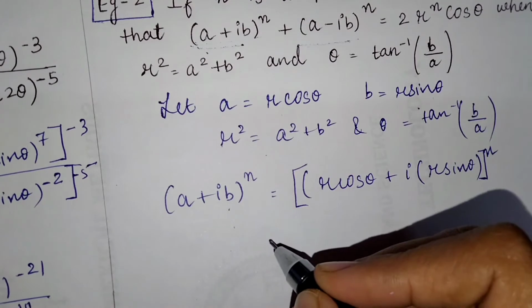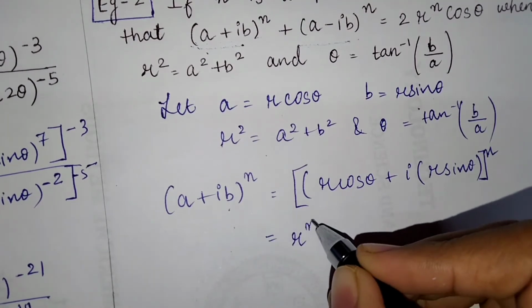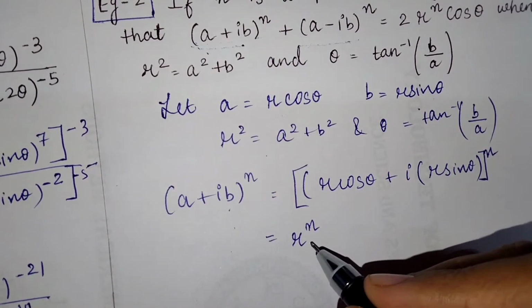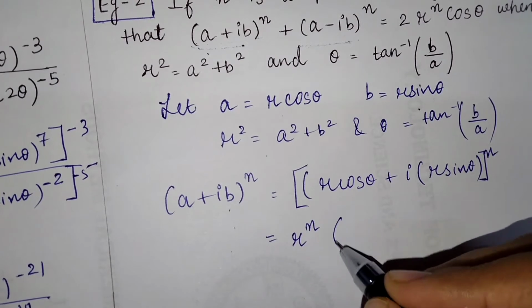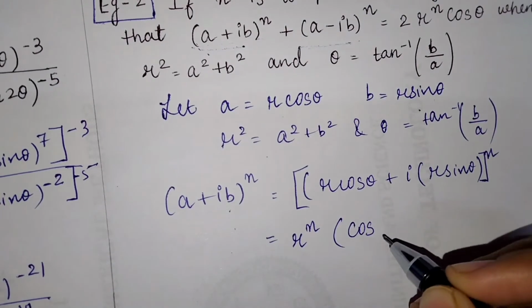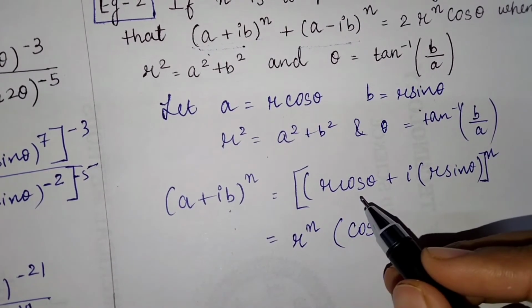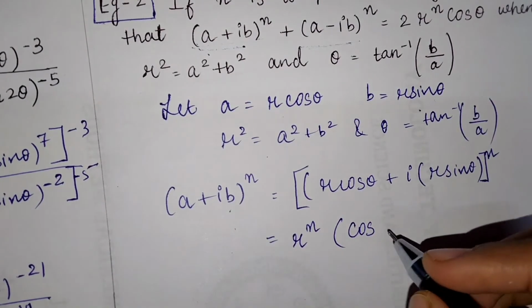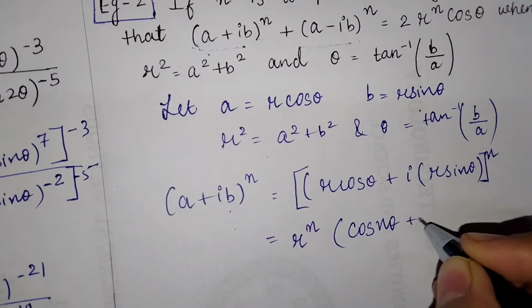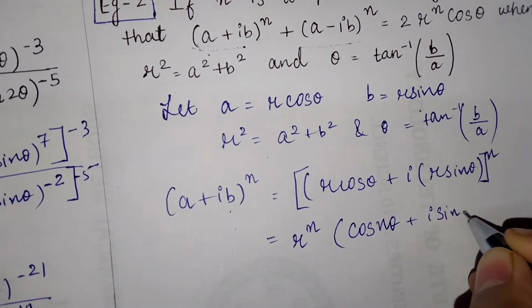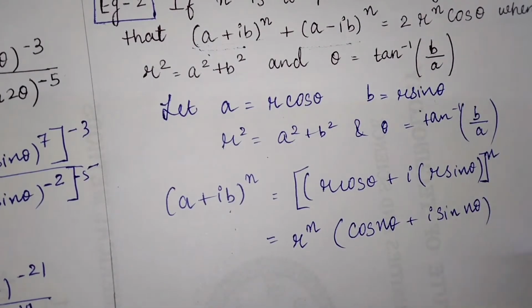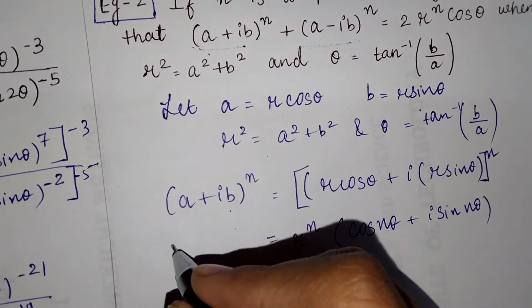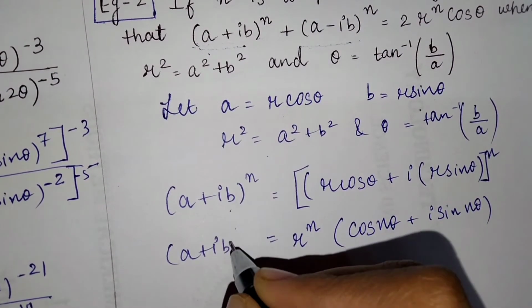Okay, so we can rewrite this equation by taking r raised to n outside the bracket: r raised to n into cos theta plus i sin theta, and if we apply De Moivre's rule here, then this n will be multiplied inside the bracket, so we will get cos n theta plus i sin n theta according to De Moivre's rule. Okay, so we got (a plus ib) raised to n.